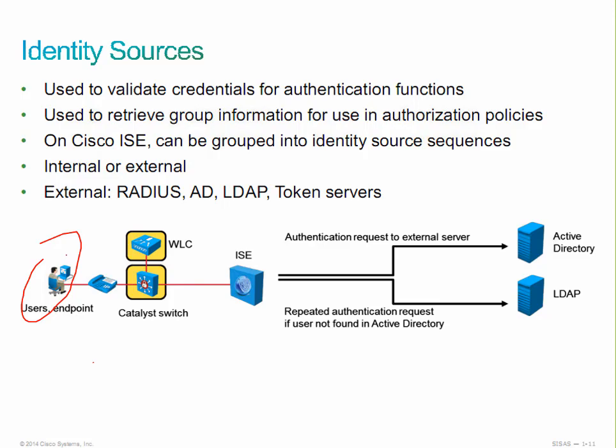And then we have our network access devices, which is our wireless LAN controller or a Catalyst switch. We have our policy engine, right, which has built into it RADIUS and TACACS. So technically that's considered our authentication server.